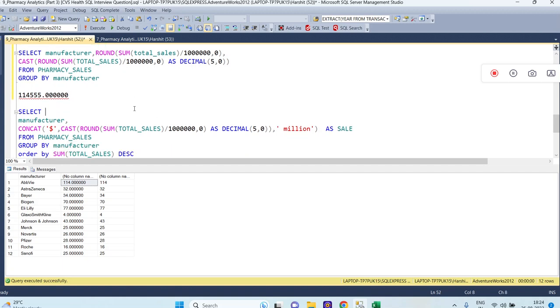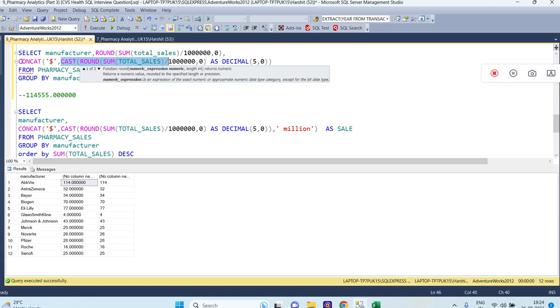So now the final thing remaining is to concatenate over here. We need to use the concat function, and in the concat we can give any number of parameters, right? My first parameter requirement is dollar. Then this entire thing will be my second parameter.